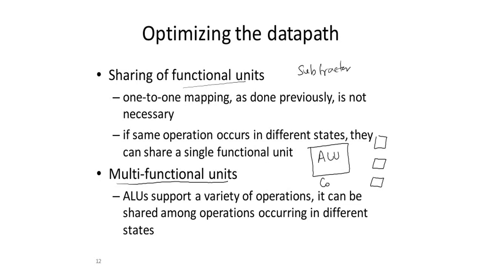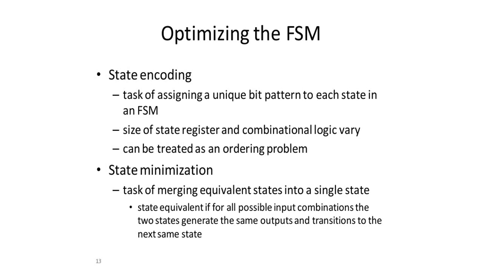You have to decide whether this one is more costly, or whether individual functional units are more costly. That is an optimization problem. You can either choose the ALU or individual blocks, and in that way you can optimize the overall hardware.